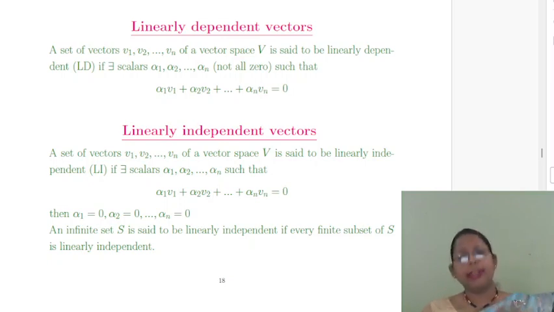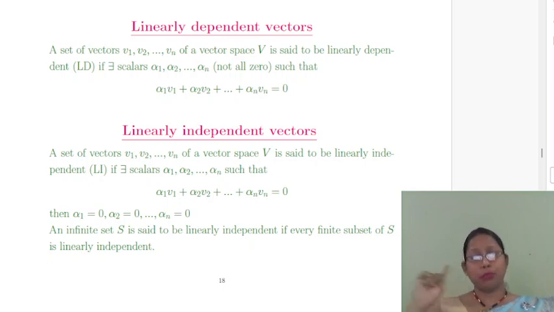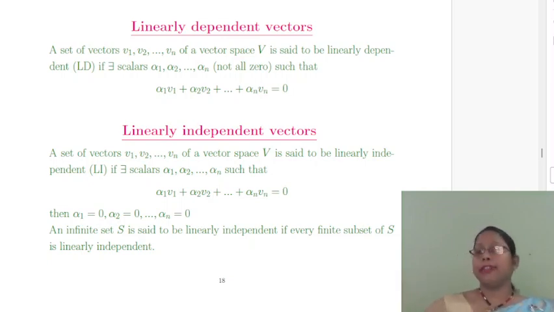Next is linearly independent set. A set of vectors v1, v2, v3 up to vn of a vector space V is said to be linearly independent if there exist scalars alpha 1, alpha 2 up to alpha n such that their linear combination is 0, then all these scalars are 0.